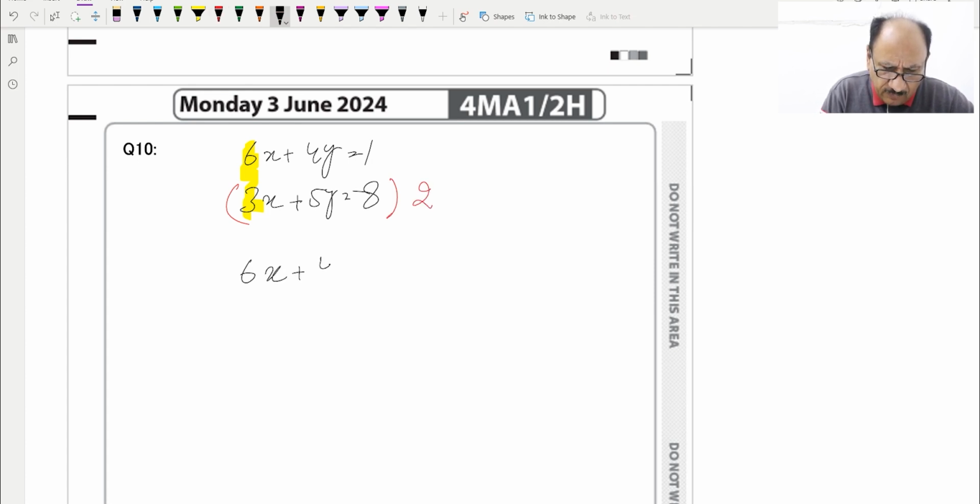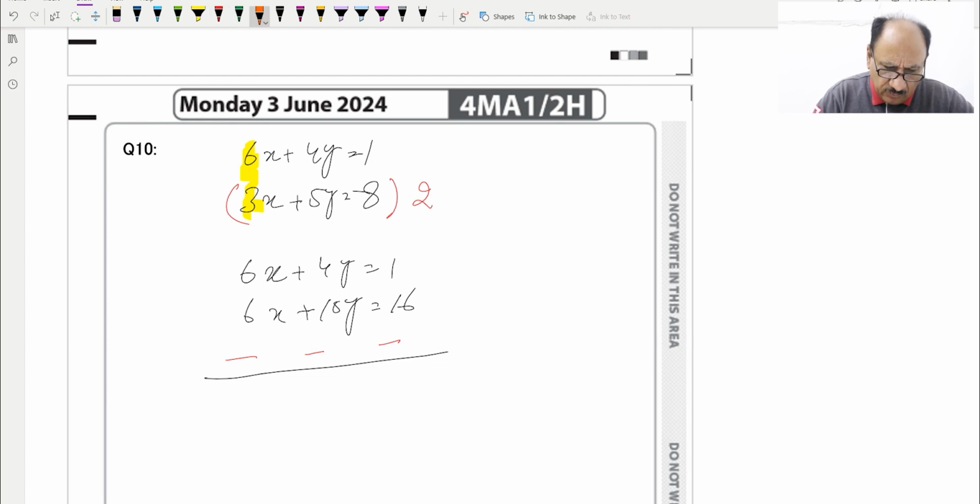I'm just copying the first equation, and the second equation I will multiply by 2, so 3 into 2 will be 6, so 6x plus 5 into 2 will be 10, so 10y is equal to 2 into 8 is 16.